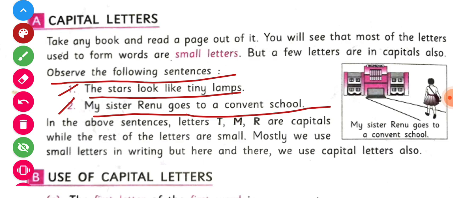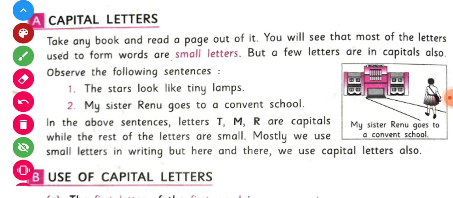Children, in these two sentences, we can understand how we can use the letters of the English alphabet in two different forms, that are capital and small.